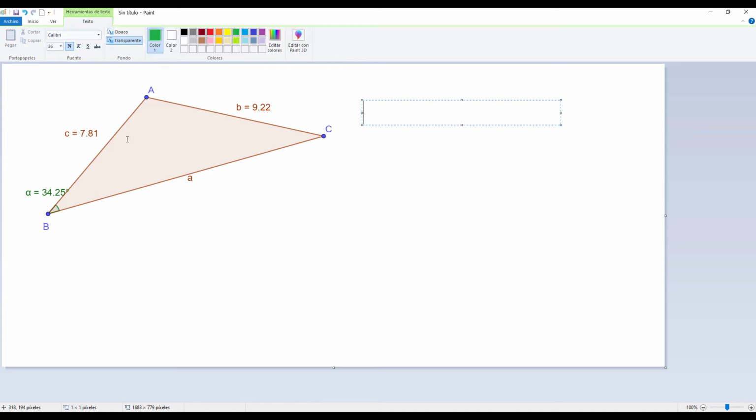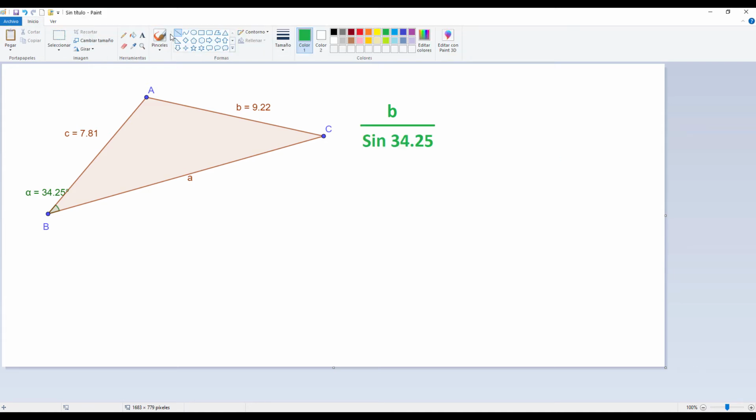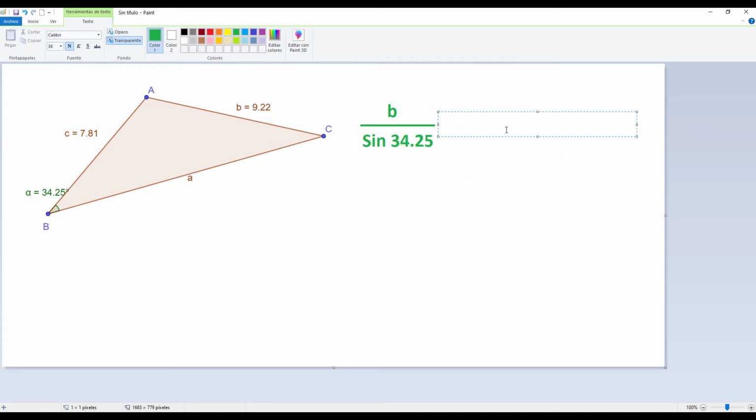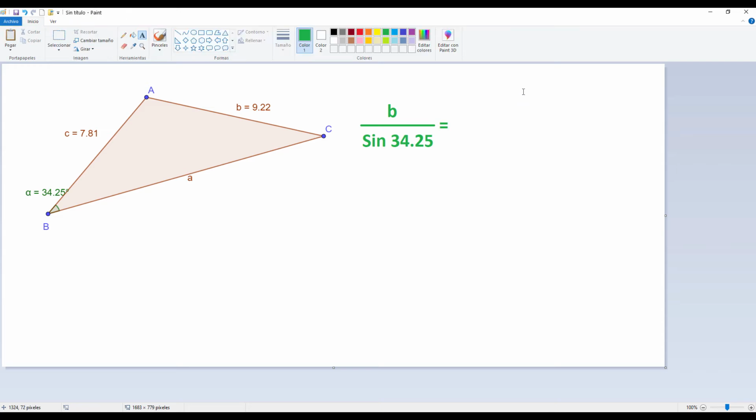Okay, so what letters do you have? B and C. So B divided by, it's equals to, what is another letter?